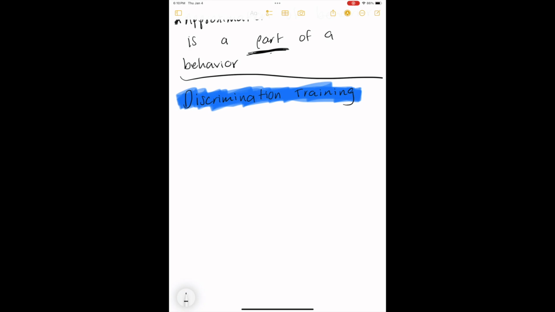So discrimination is, can this child discriminate between letters? Can they tell two things apart? Can they tell the difference between a circle and a square? Can they tell the difference between letter D and letter B? So discrimination is really, can the learner tell the difference between things?